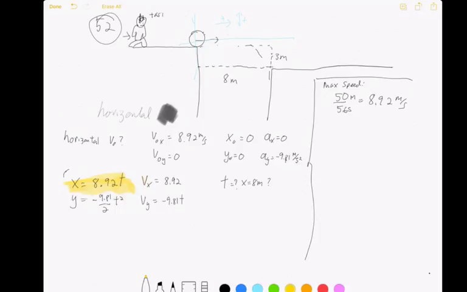So that's going to be at t equal to 0.896 seconds. And then y at that time is minus 9.81 times 0.896 all squared divided by 2. Minus 3.93 meters. Okay, so that's not very good.